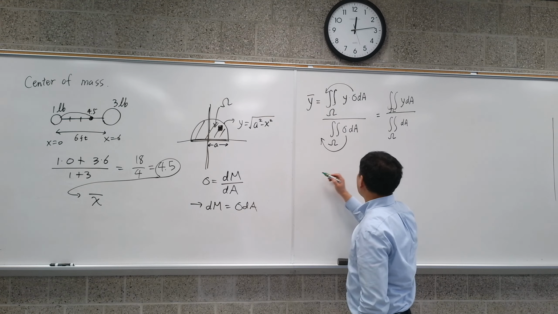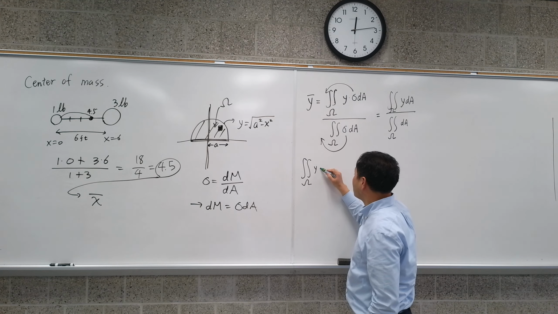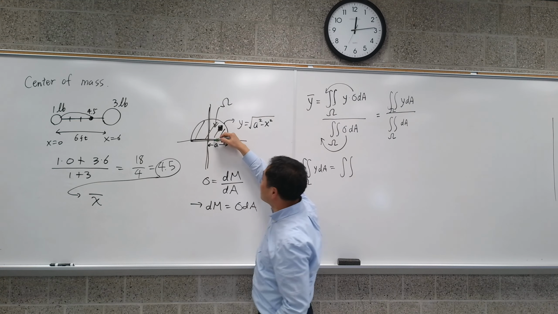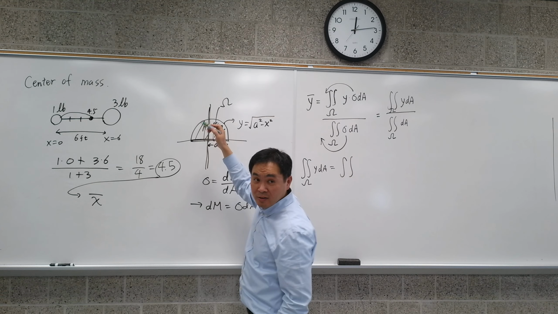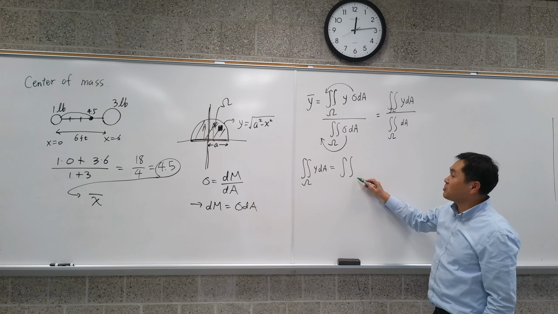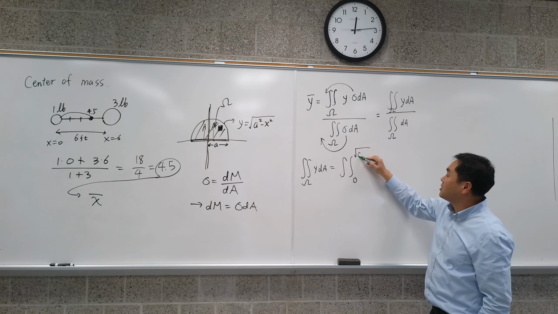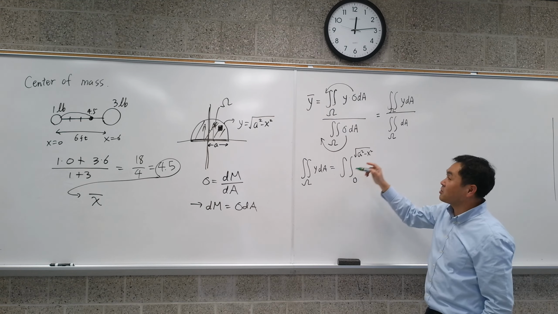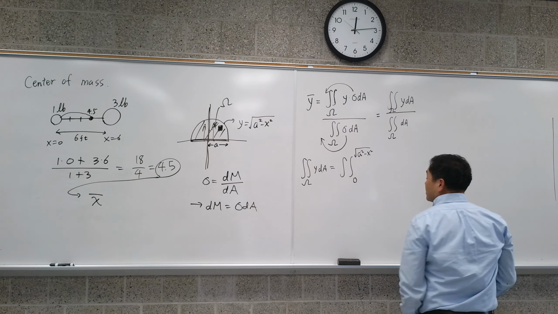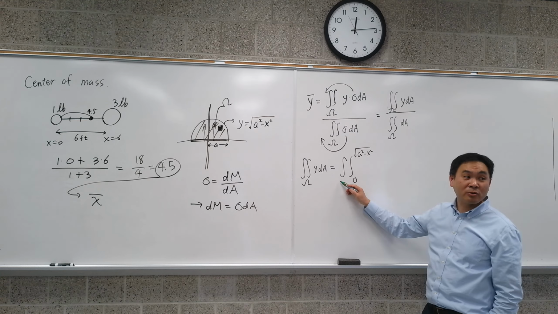Okay, so let's try to calculate this. First, just the top. What is the integral over this domain of y dA? Well, we can paint this region going up, starting from 0 and ending at square root of a squared minus x squared, because that's the top boundary. And then what about the x value?